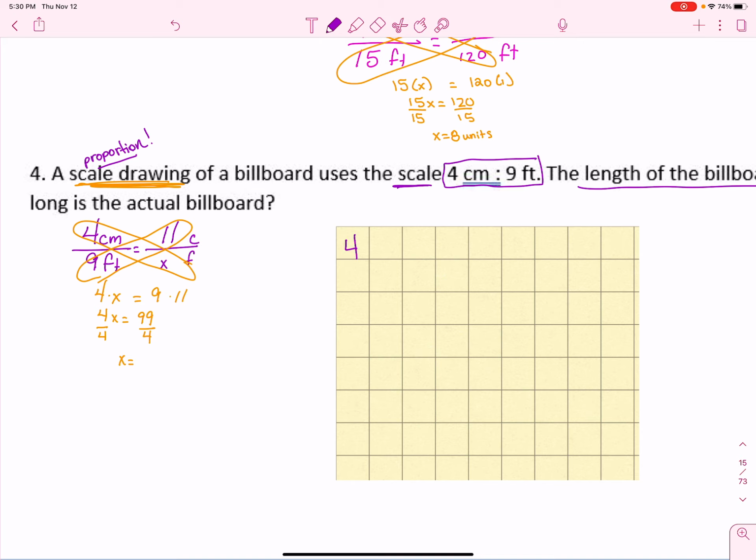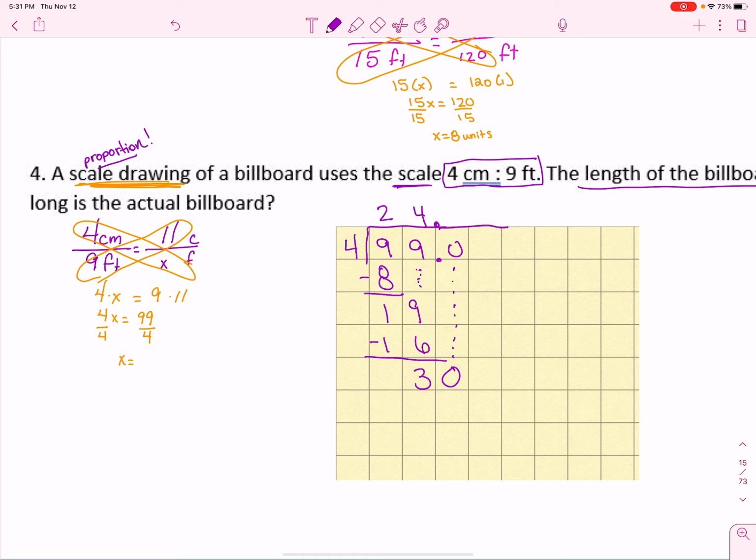Four goes into 99. 4 goes into 9 2 times, and we have 8, and we subtract to get 1. Bring down our 9. 4 goes into 19 4 times, and we get 16, and subtract and get 3. We're going to need to add a 0. Bring that down.